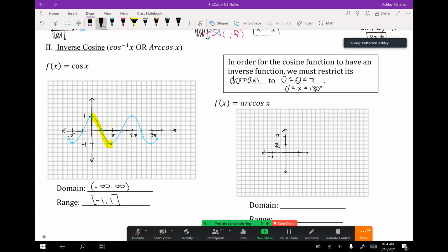On cosine, we have a point at 0, 1, which means the inverse will have a point at 1, 0. Because again, the x and y values switch. On cosine, we have a point at pi over 2 comma 0, which means we'll have a coordinate at 0, pi over 2. And on cosine, we have a coordinate at pi, negative 1, which means we'll have a coordinate at negative 1, pi.